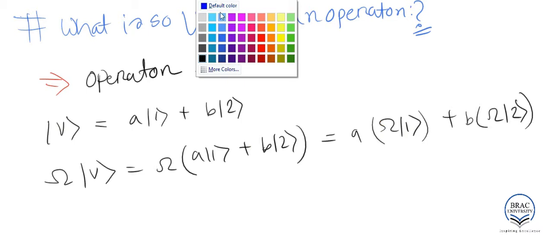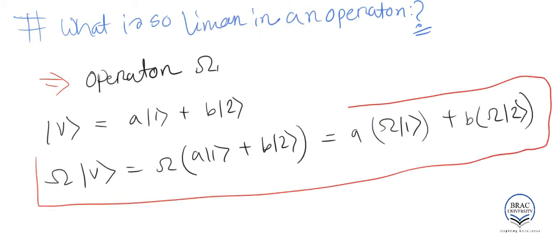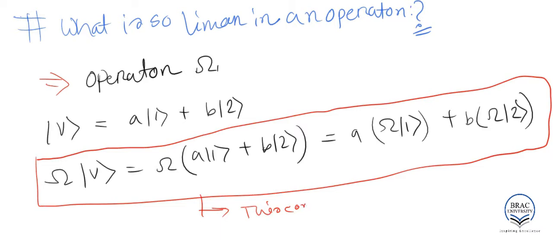Any operator that satisfies this is a linear operator. So this condition has to be fulfilled, or so to say satisfied, for an operator to be linear.